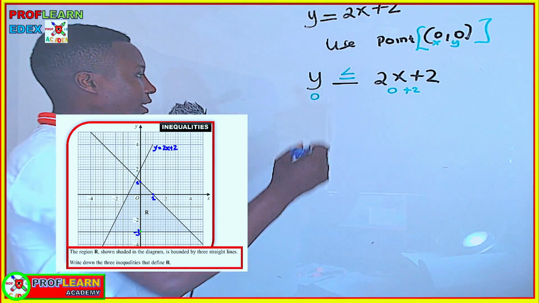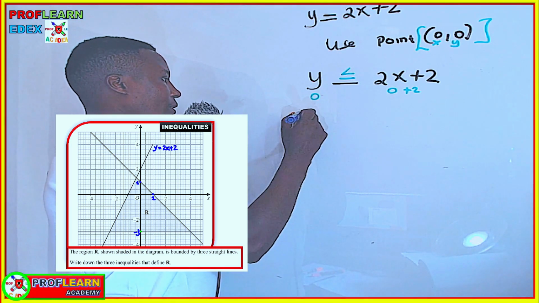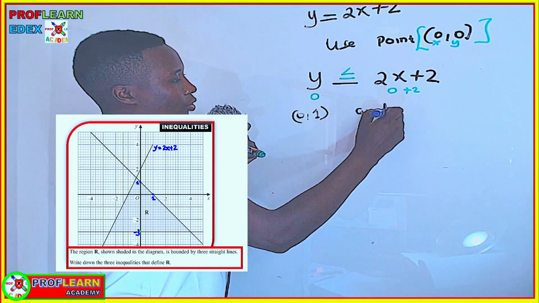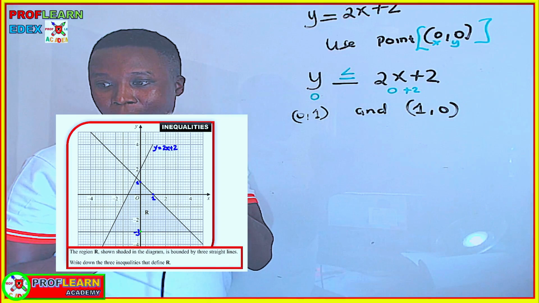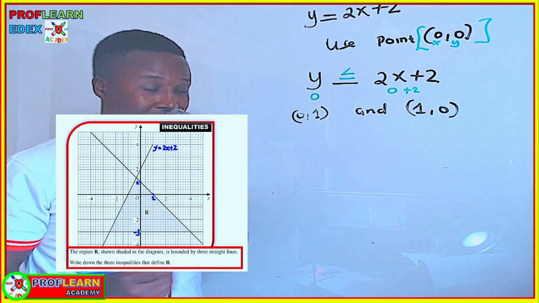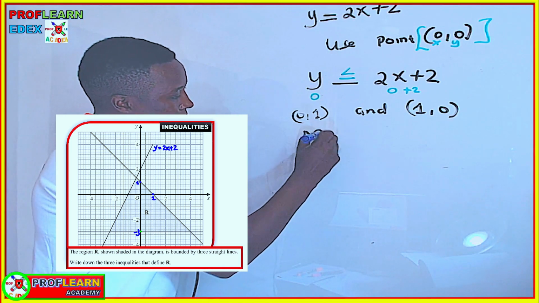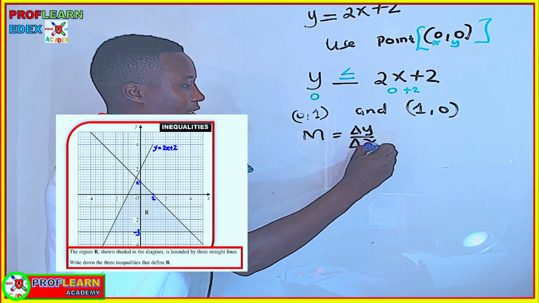So we can say that the line is passing through 0 1 and it's also passing through 1 0. Remember, for you to find the equation of a line, you need a gradient, and the gradient m is change in y over change in x.